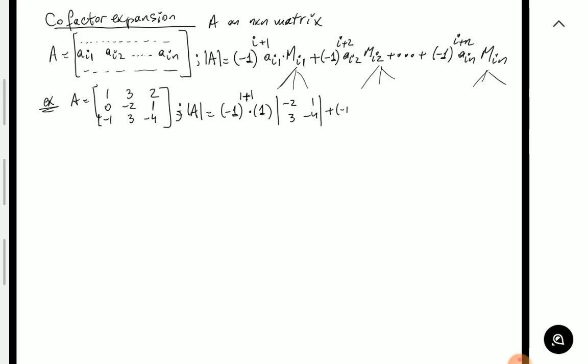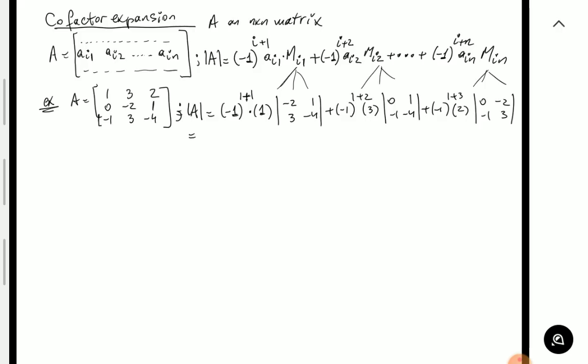Moving on, -1 to the power 1 plus 2, row 1, column 2, entry in the matrix. Now the minor is going to be 0, 1, -1, -4. And then finally -1 to the power 1 plus 3, the actual entry 2. And then 0, -2, -1, 3. Right? The minor obtained by deleting row 1, column 3.